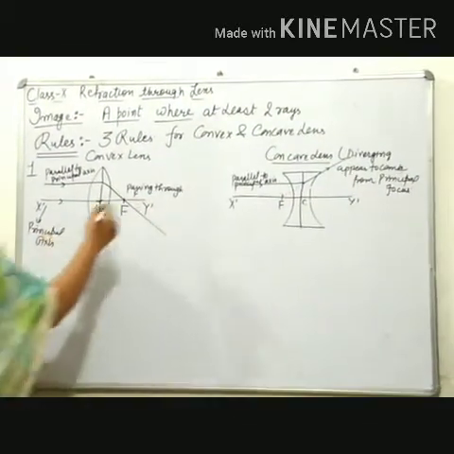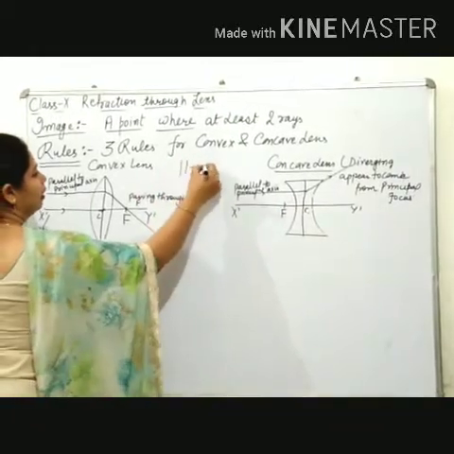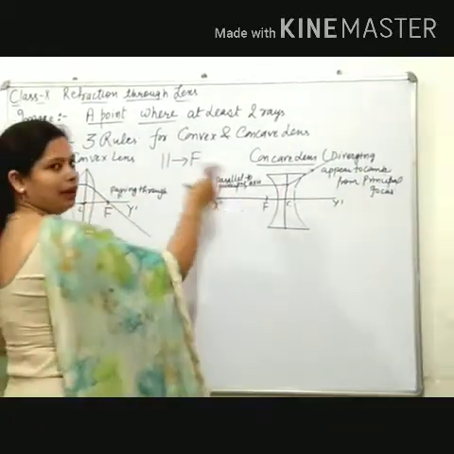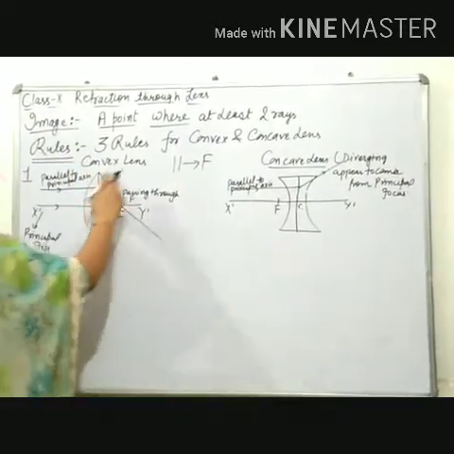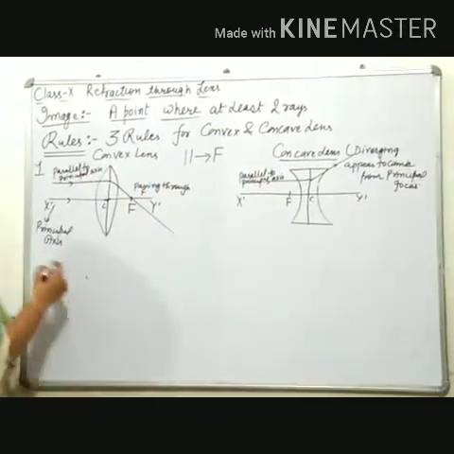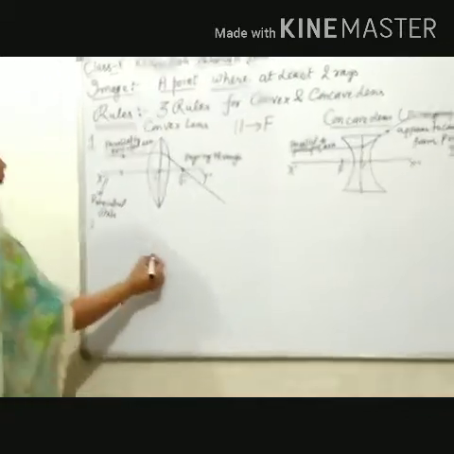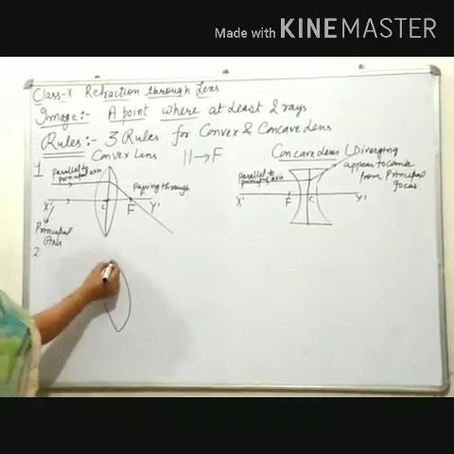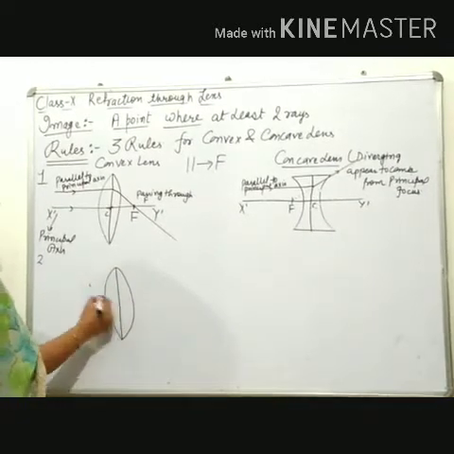It can be learned as parallel to focus, actually focus, appear to focus. Converging nature, diverging nature. Now rule number 2. This is our convex lens and this is the aperture.